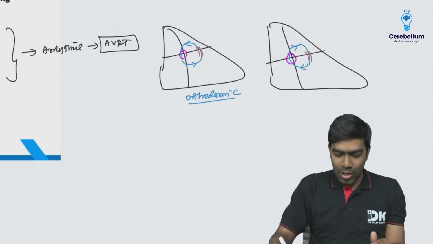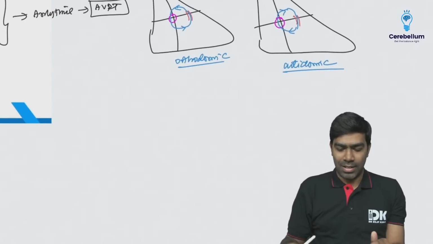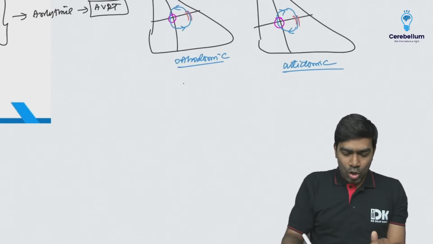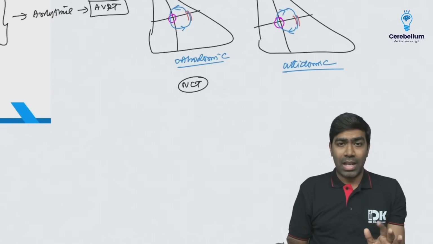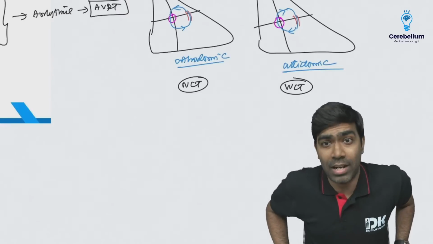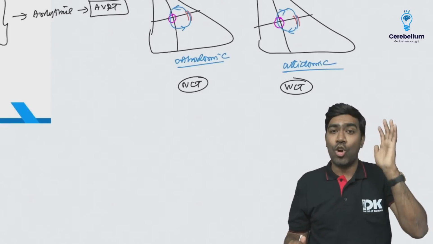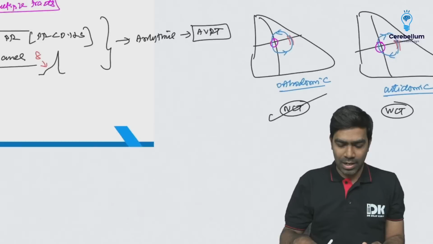So this route is called as antidromic conduction. So orthodromic conduction will have a narrow complex tachycardia. It will mimic an AVNRT. Antidromic conduction will sometimes make a ventricular tachycardia because it's a wide complex tachycardia. Antidromic conduction is a wide complex tachycardia. Orthodromic is a narrow complex tachycardia.